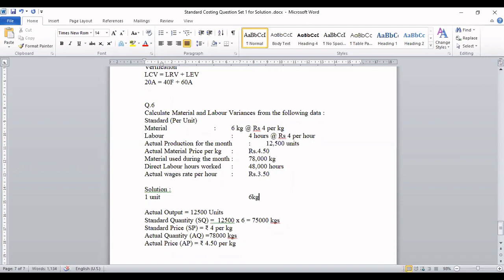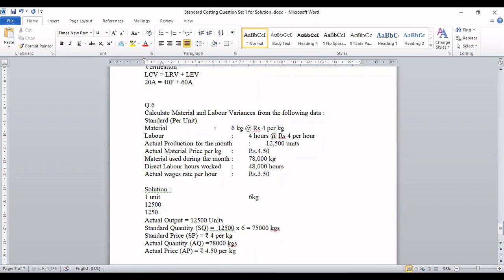And now, how many units are we actually making? 12,500. So simple, cross multiply: 12,500 multiplied by 6, divided by 1. Have you understood now? Yes, sir.